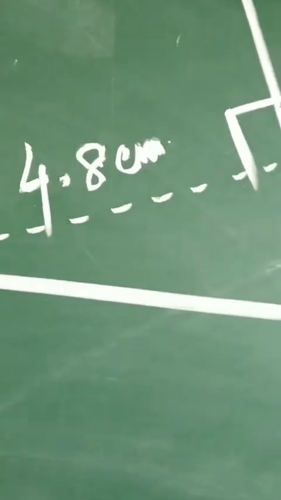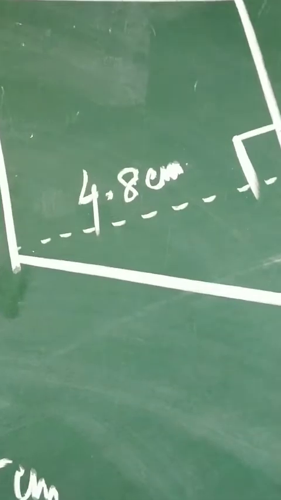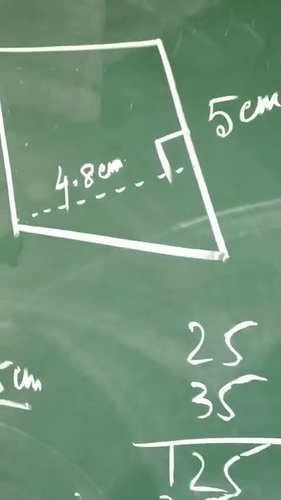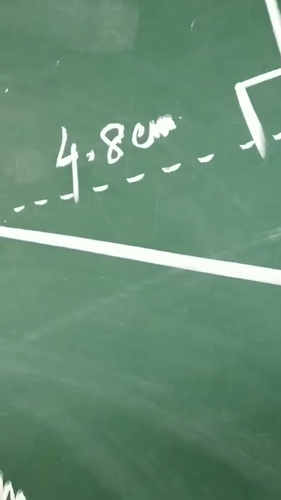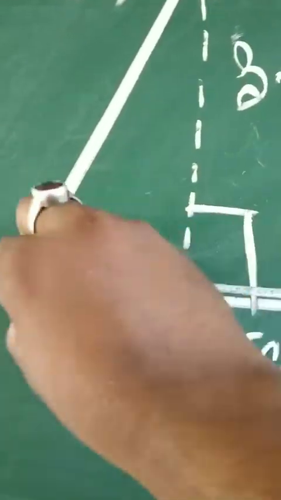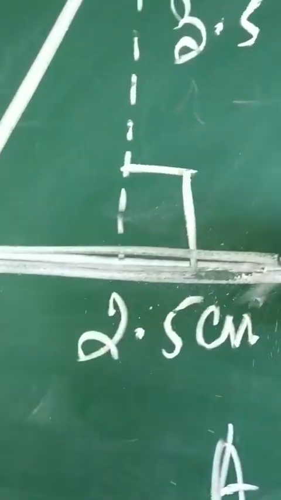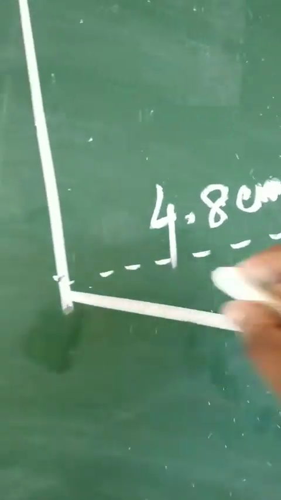Now the next one. You might be getting confused seeing this figure, that where is the base and where is the height. No need to get confused. Just look at the figure properly. We know that height always forms 90 degrees with its base. In the previous figure we have seen the base lying parallel to the ground. But in this particular situation, this is the base and this is the height.